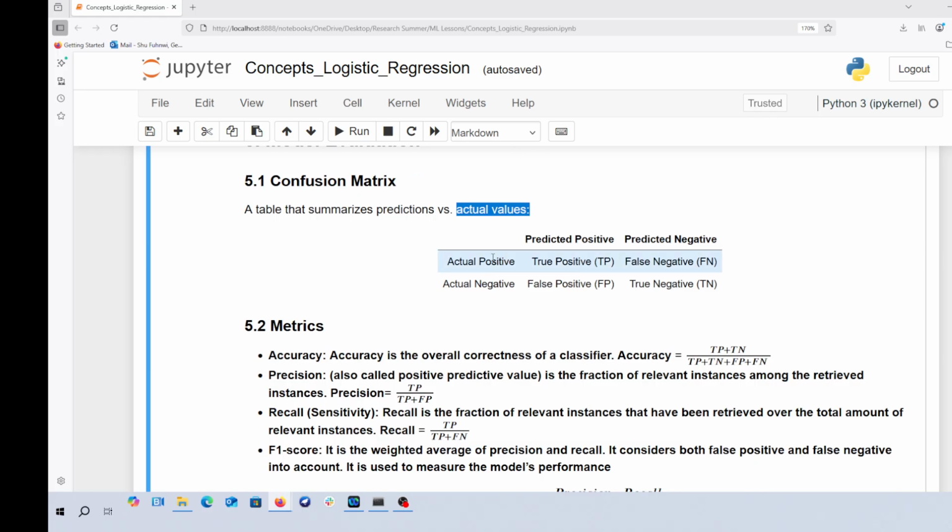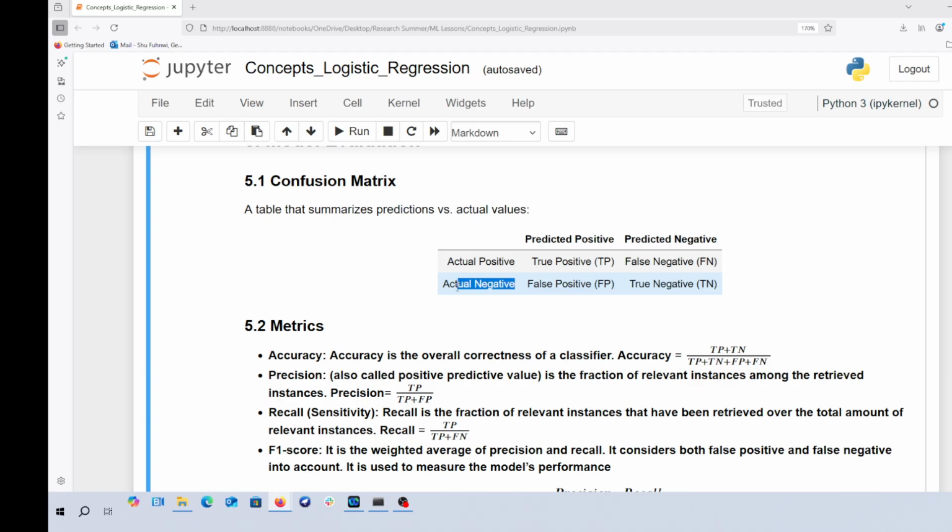The first thing we are going to note on this confusion matrix is the actual positive, the actual negative, and the predicted positive and predicted negative. The actual positive here is what we get from the initial data set, and the predicted positive is the predicted class, which is the spam class when we build our model.